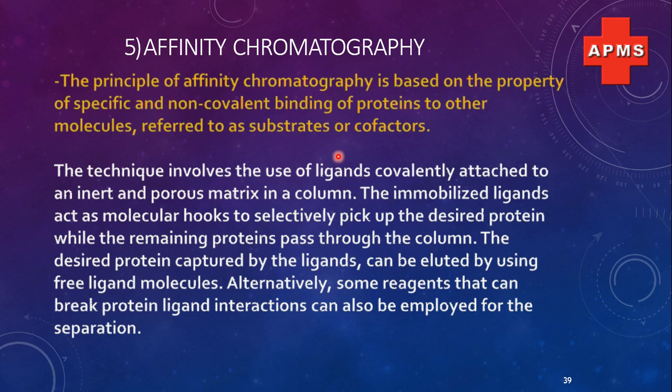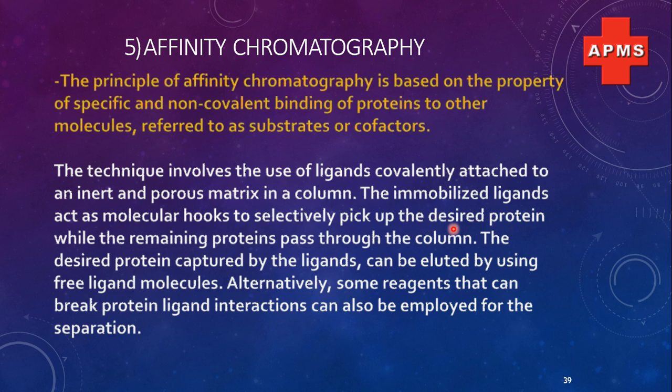These ligands, called cofactors or substrates here, show non-covalent interaction with a specific protein molecule, and other molecules present in the same sample will elute. The immobilized ligands act as molecular hooks to selectively pick up the desired protein.